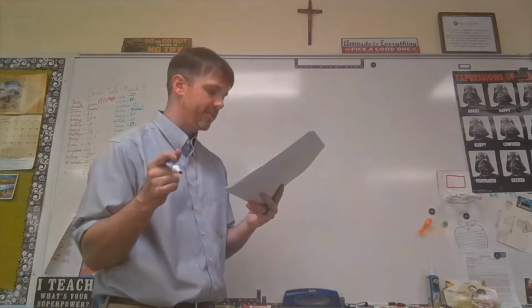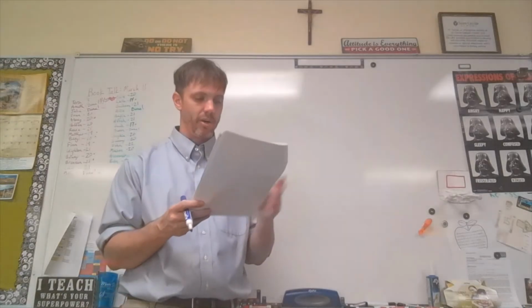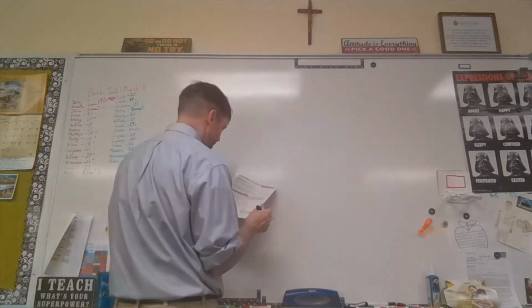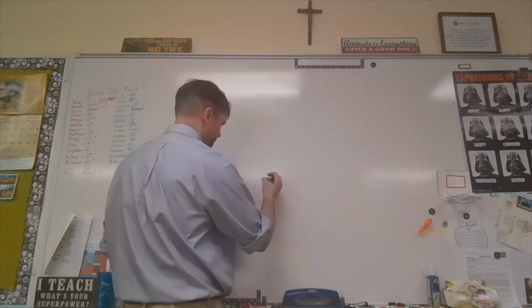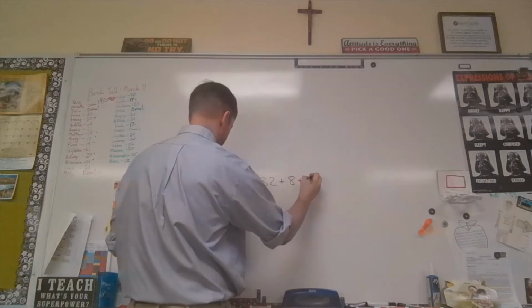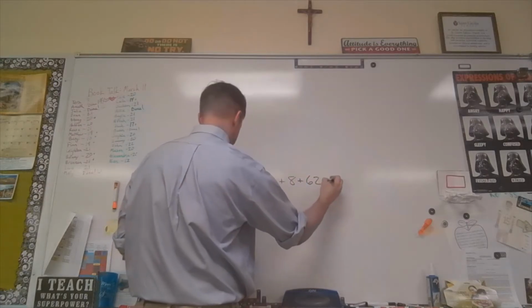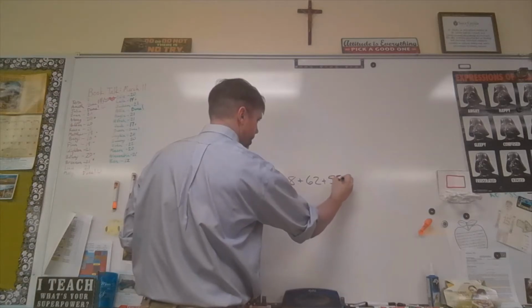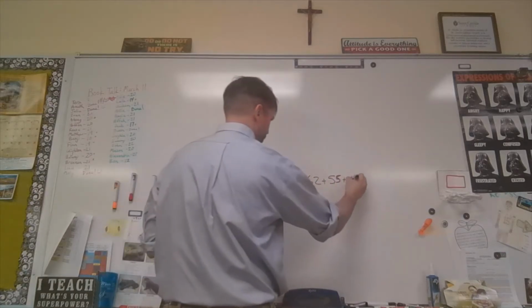What was the average number of seconds they were able to juggle? They give you a whole bunch of them, right? So step 1 is we're going to find the sum of the seconds. So we have 32 plus 8 plus 62 plus 55 plus 13.